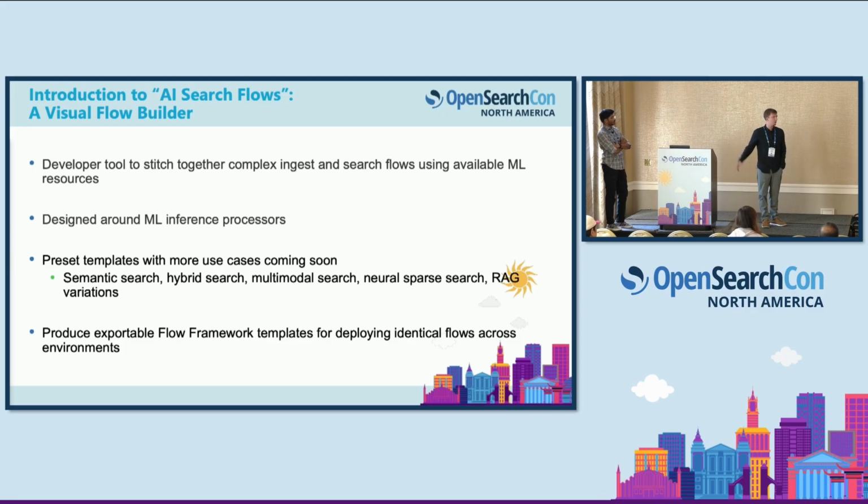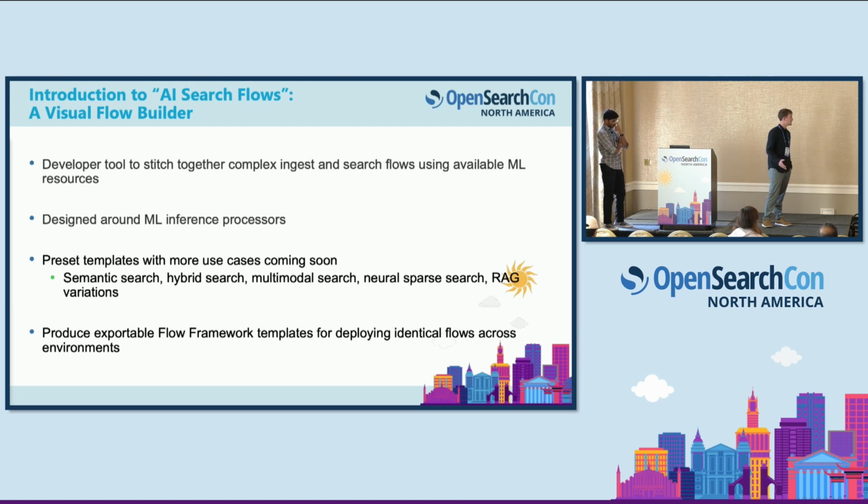Like Owais went over a hybrid search example, I'll show that same thing and how it can be achieved on the UI using that plugin to handle all the resource management behind the scenes, so you can focus on building your actual flow. It's heavily focused around ML inference processors, which I'll discuss more.